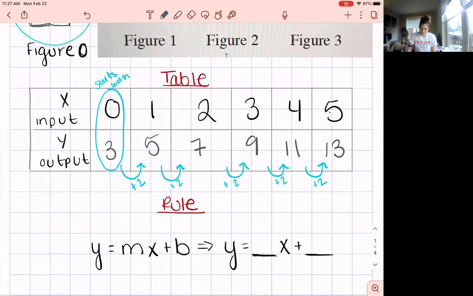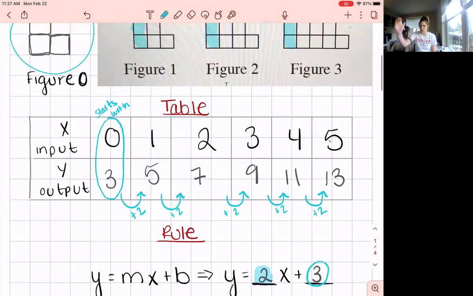If I did +2, then this first blank should be my 2, and it starts with 3 tiles. So 3, and then I'm going to go in and highlight the growth and circle the starts with, just so that I've got that consistency on all 3 representations.